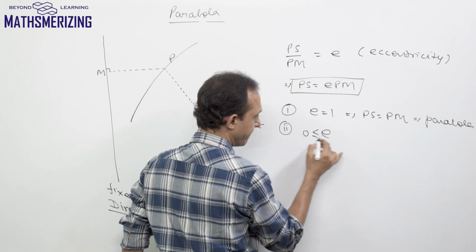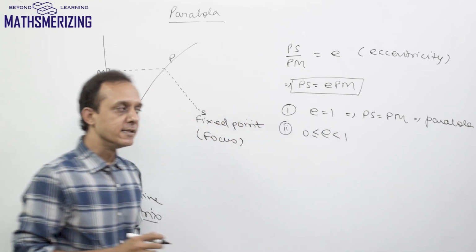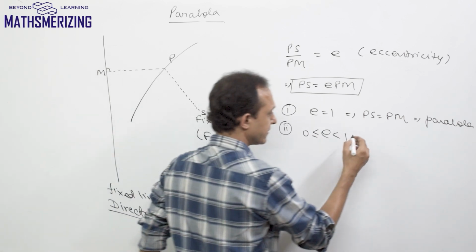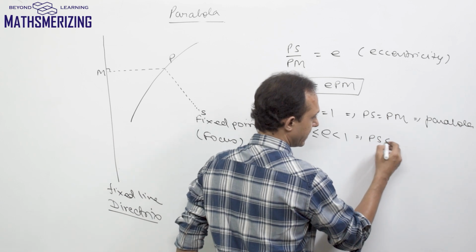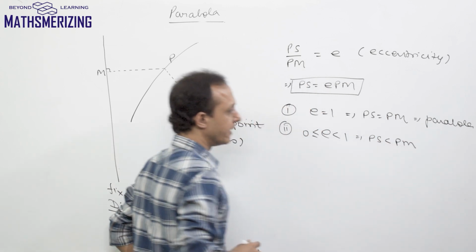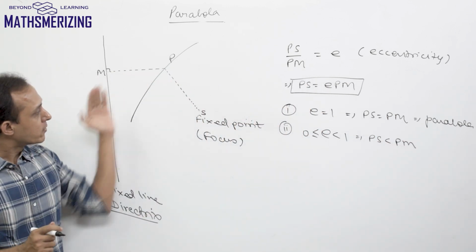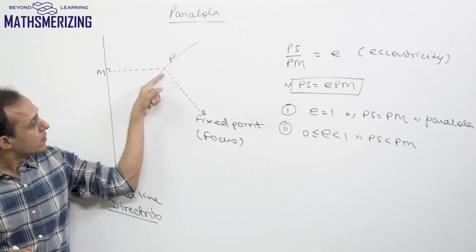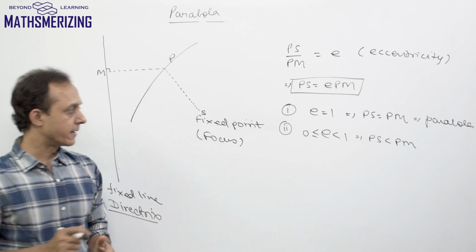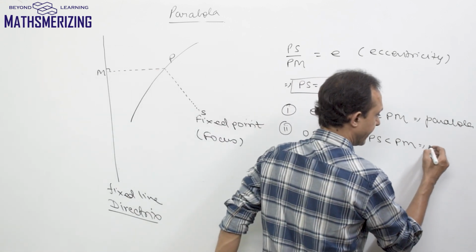If the value of E lies between 0 and 1, in that case PS is less than PM. So this point on the curve will be closer to the focus than the directrix. So in that case, we'll get an ellipse.